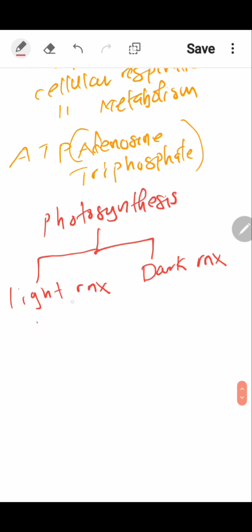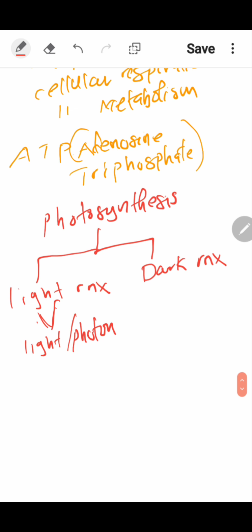Now, the light dependent reaction, as the name implies, needs light or photon in order to manufacture food.